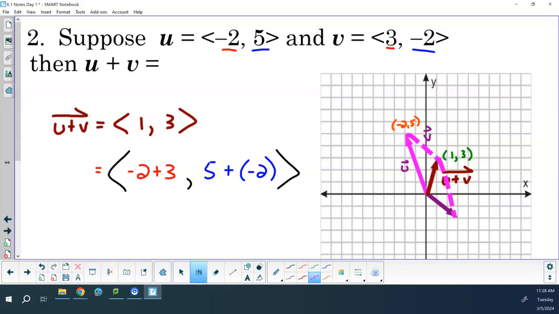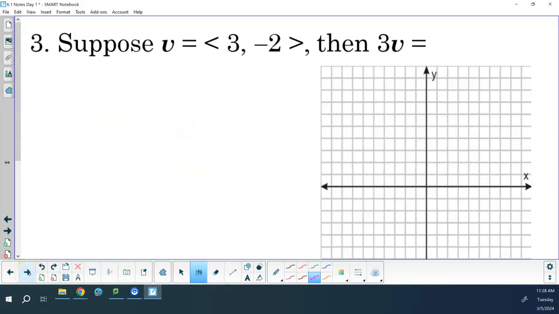There's the parallelogram, and it's the missing vertex in the parallelogram. I don't like it. Not a fan of it. That's super old school. Much easier to do it either graphing head to tail or just simply adding. Okay?